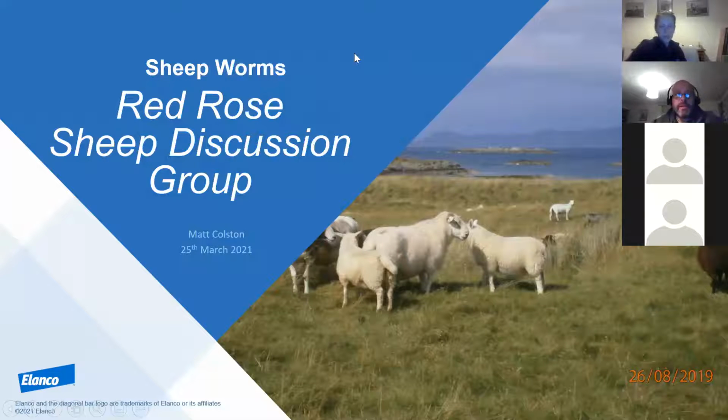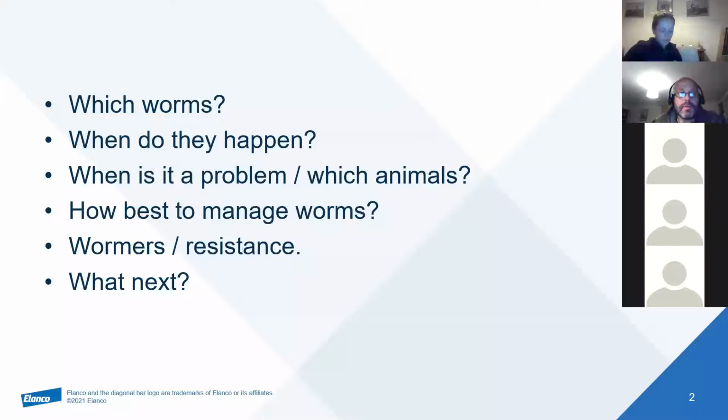But we're going to start off and look at sheep worms. We're going to have a look at which worms are a problem, and then we'll have a quick look at when do they happen, because we don't get all the worms all the time.